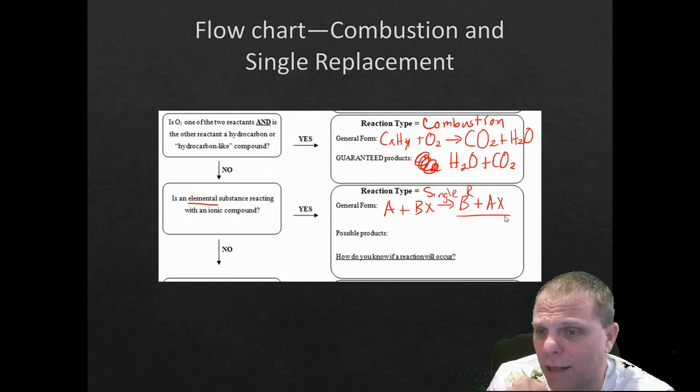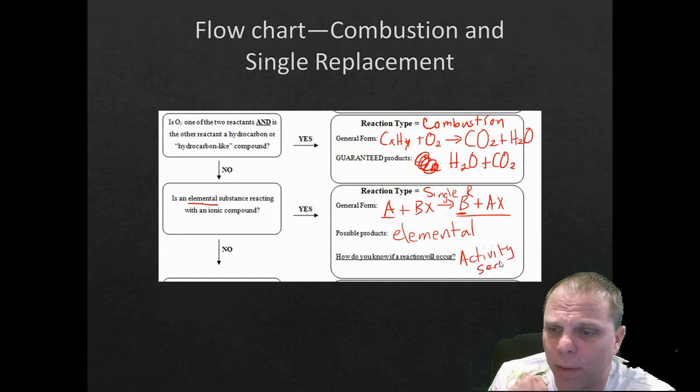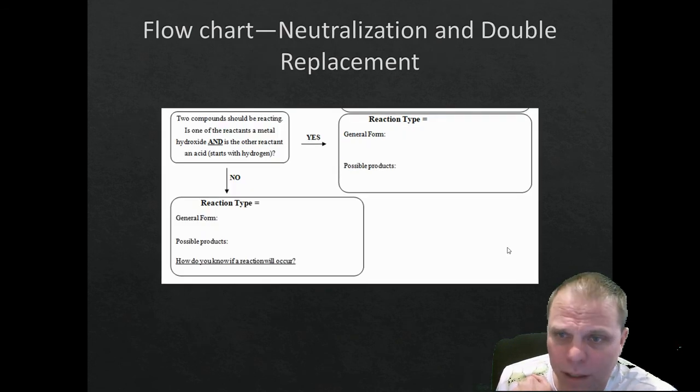Possible products, again, you've got so many different types, but one of them should be elemental. Just like we started with an elemental, we should be finishing with an elemental. How do you know if a reaction will occur? Well, we have to look at our activity series. Again, I haven't shown that to you guys yet, but in order to know that this will take place, you have to check your activity series. All right, and then let's look at our last one.